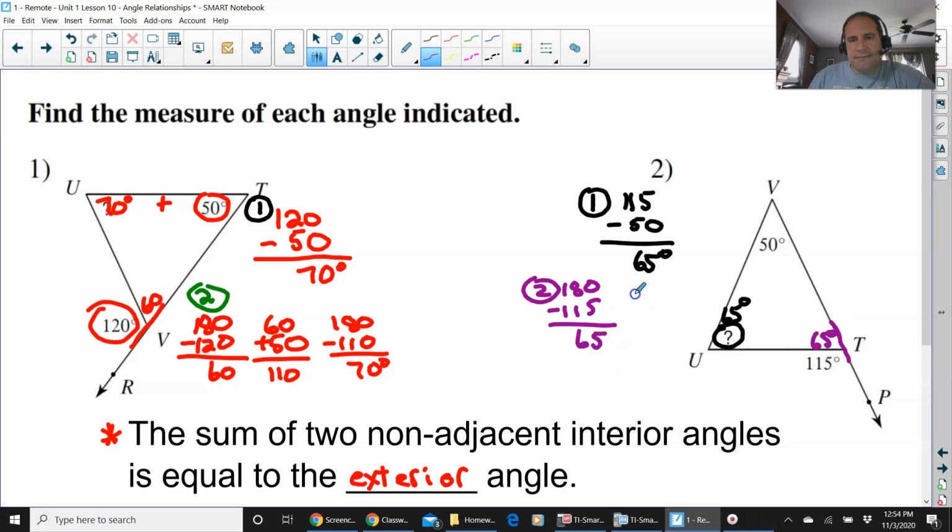Then you would add 50 plus 65 and get 115, and then subtract 180 minus 115 and you get 65. So either way, I would want you to do number one, but if you wanted to go ahead and do all of this work to get that, you can still get it.